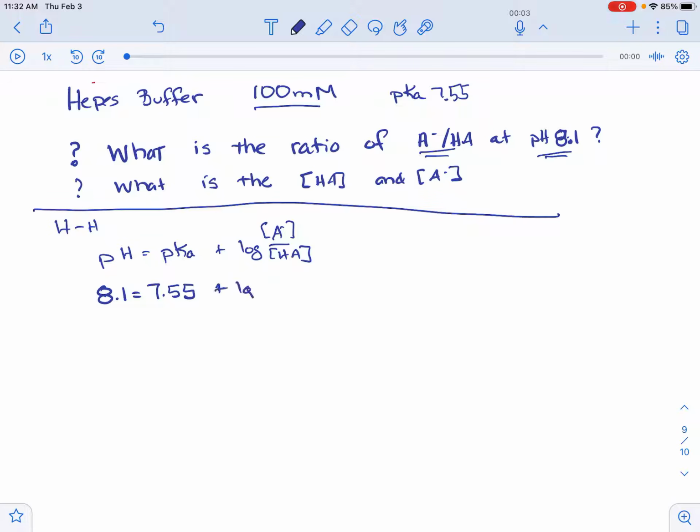And then we have our unknown. And I'm going to say that this ratio is x, so it's the log of x. If I subtract 7.55 from both sides of the equation, I get 0.55.